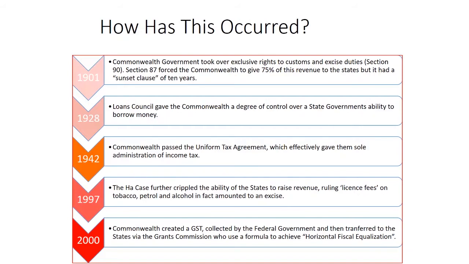And the other thing that they started to do was they started to raise higher and higher licensing fees for substances and services that require a good deal of regulation, like the sale of alcohol. Okay, alcohol needs to be regulated in the sense that you have to make sure that the alcohol is safe for human consumption. You have to make sure that it's not being sold to minors, and so on.